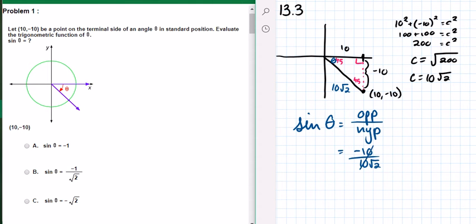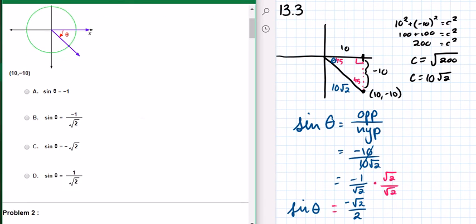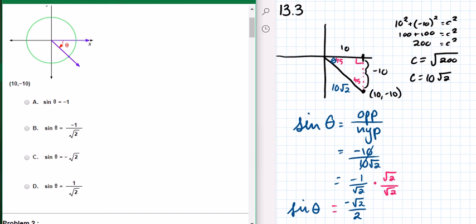Reducing this, I get negative 1 over radical 2, and then I need to rationalize my denominator, radical 2 over radical 2, and I get the sine of theta is equal to negative radical 2 over 2. Over here they don't go through the full rationalizing process, so I need to look back at a couple of steps, and the answer should be B.